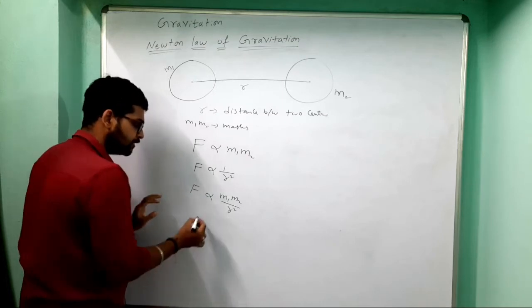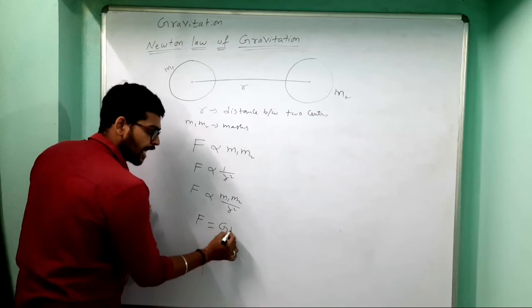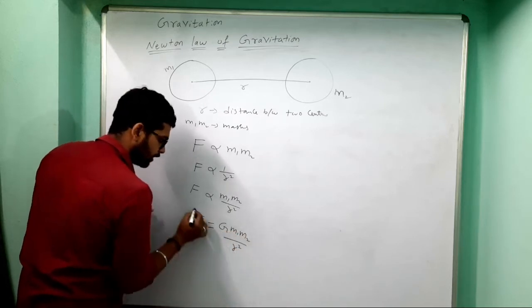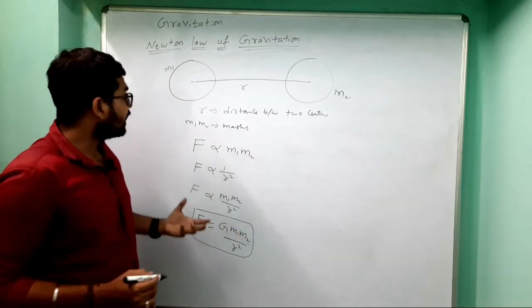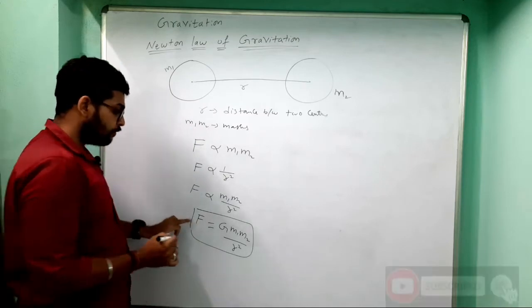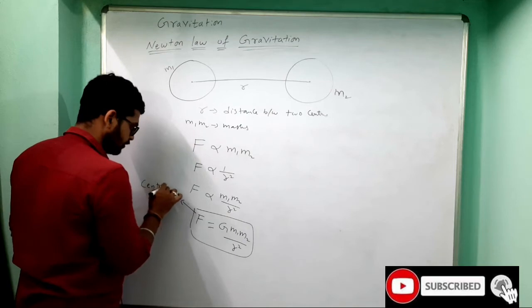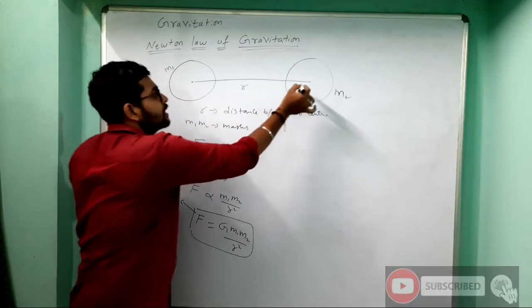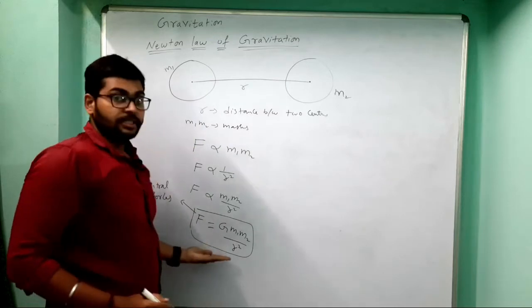Removing the proportionality constant, this is equal to G m1 m2 by r square. This is the formula for the force. And remember, this force is called a central force, because in space I am taking the distance from center to center.